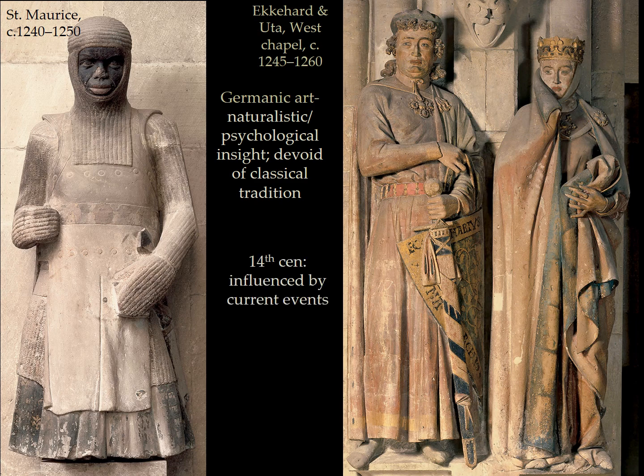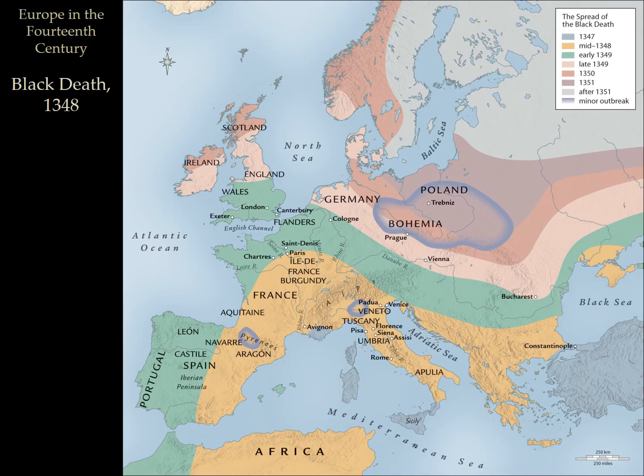Now, in the latter half of the 14th century, we have many current events that further drive this interest in psychological realism and naturalism even further. And those can be seen especially to relate to the Black Death of 1348. So the Black Death, otherwise known as the bubonic plague, is going to have spread from the steppes of Asia to the port city of Kaffa, down through Constantinople and then Italy.